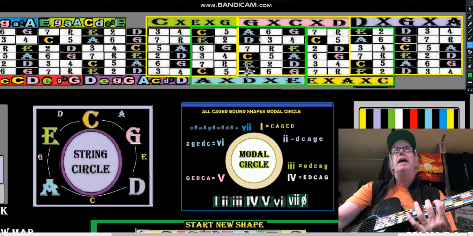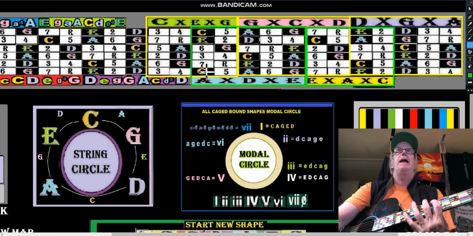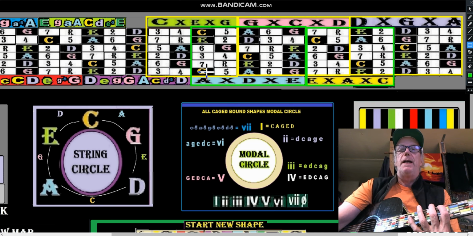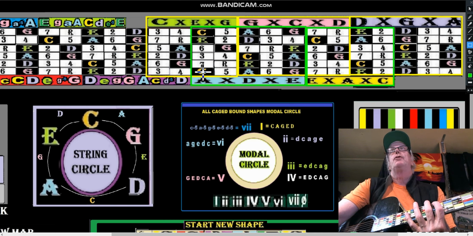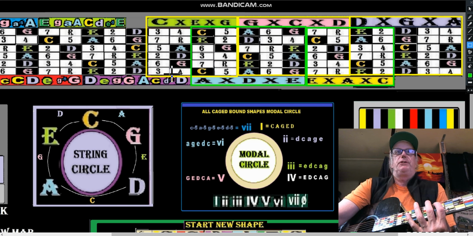So this A really means 5, 6. This C right here really means 3, 4, 5. It doesn't mean that that is a note. This is a virtual accidental, which means this could be the key of G flat.